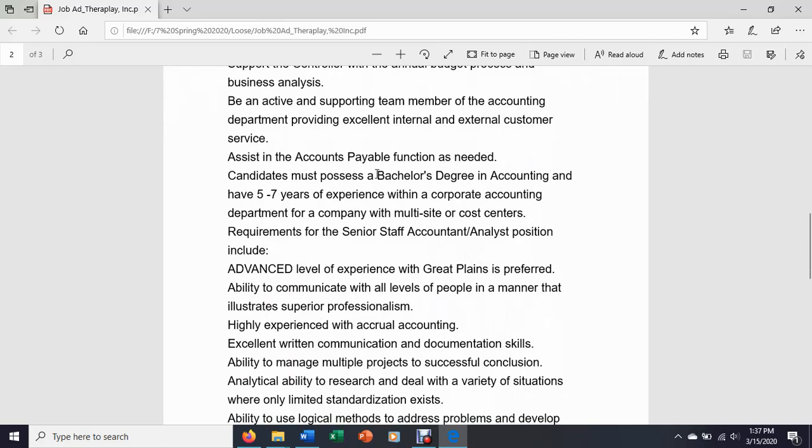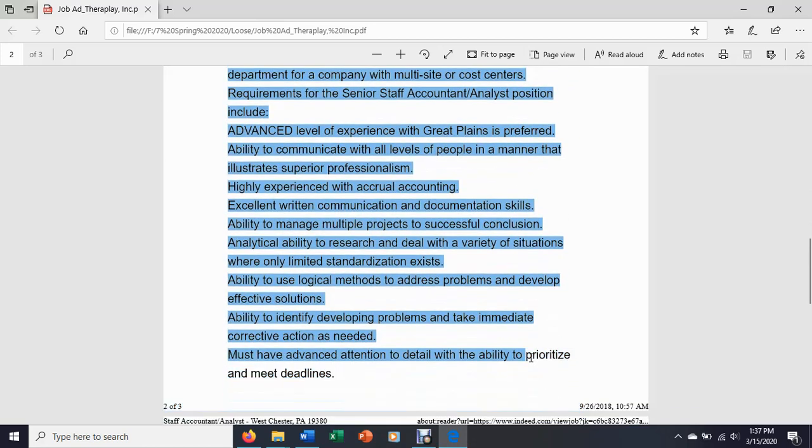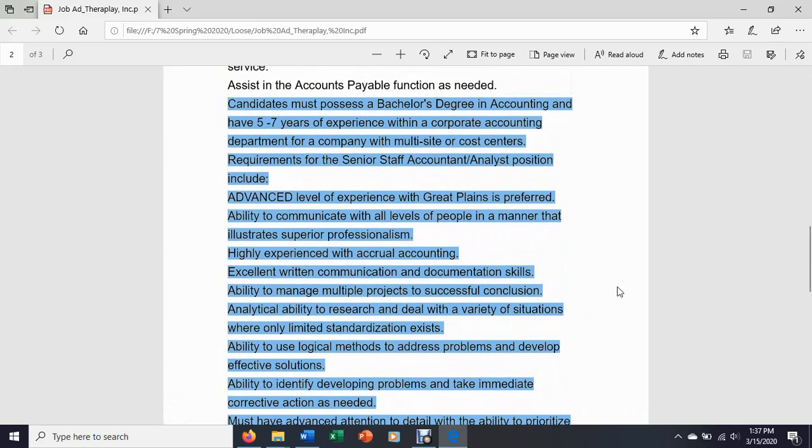The other thing to be aware of, and actually I missed it when I was scrolling, is they often have a set of requirements or a set of minimum qualifications, things like this.